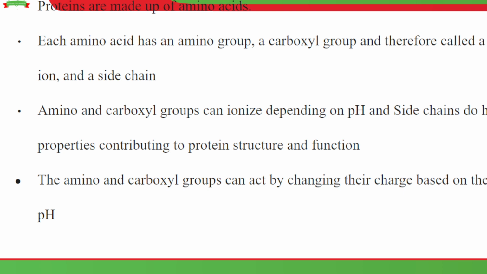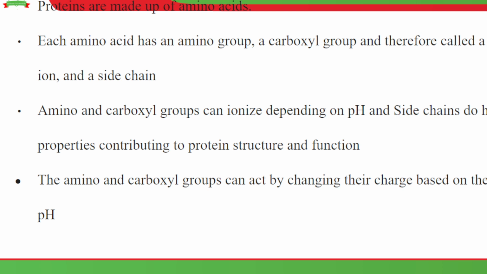So, based on acidity and alkalinity, that is determined by the amino group or the carboxyl group ionization. The structures of amino acids, their properties and functions, are determined by their side chain. Amino and carboxyl groups can act by changing their charge based on the surrounding pH.